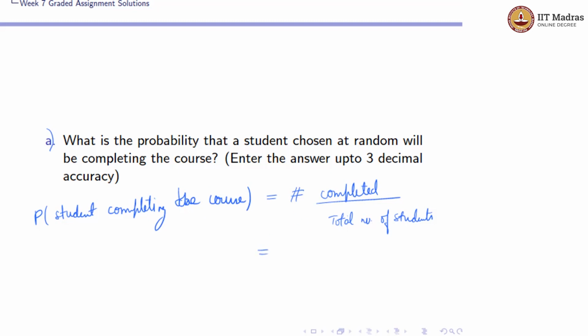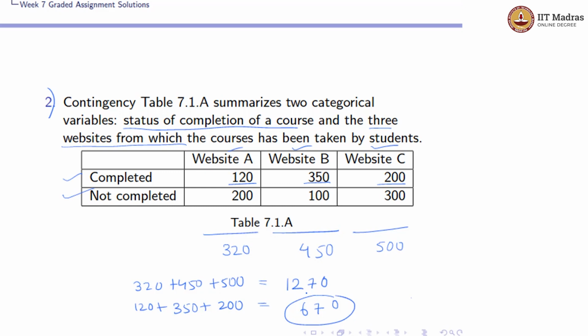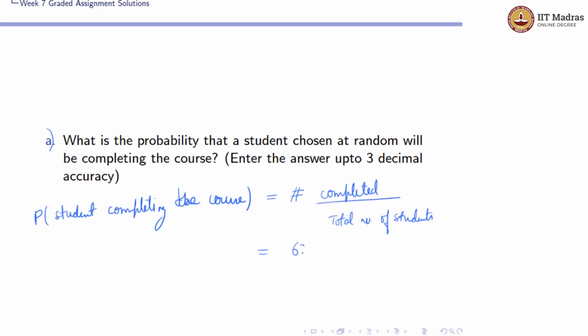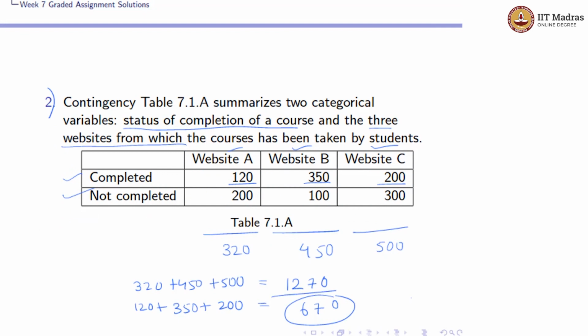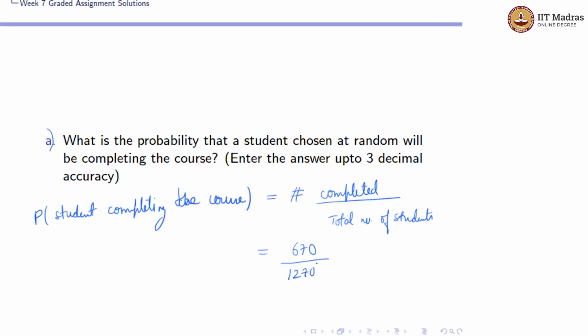So the number who completed is 670, and the total number of students is 1270. It is going to be 0.5275. Now you have to enter your answer up to 3 decimal accuracy. So you will write 0.527, or you can write 0.528. This is our answer.